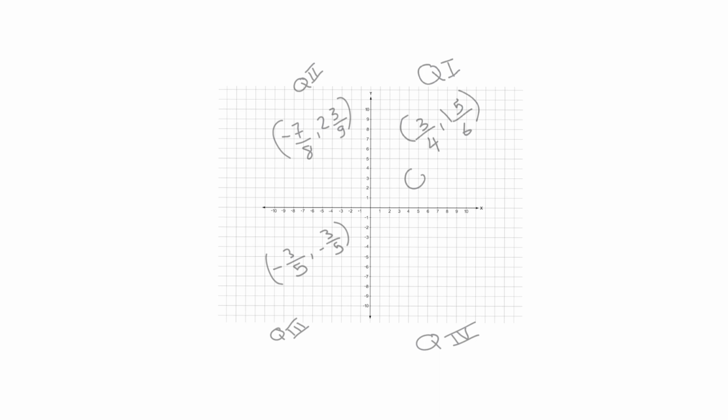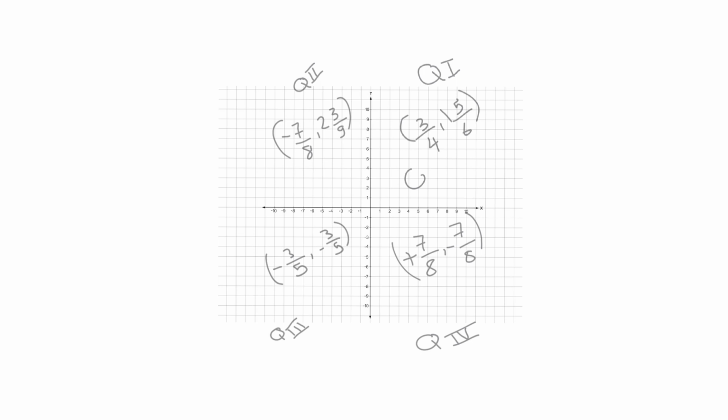If you're getting a positive 7 over 8 along with a negative 7 over 8, it means that this ordered pair is located in quadrant 4, this quadrant, because you have x as positive and y as negative.